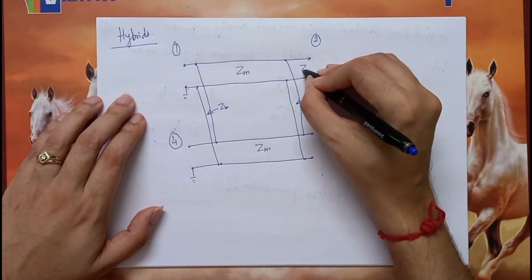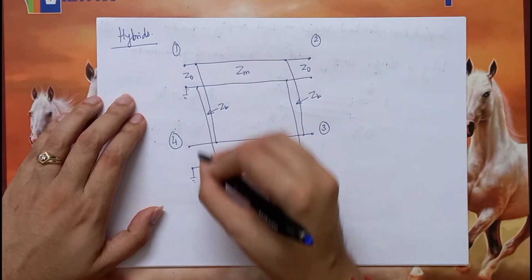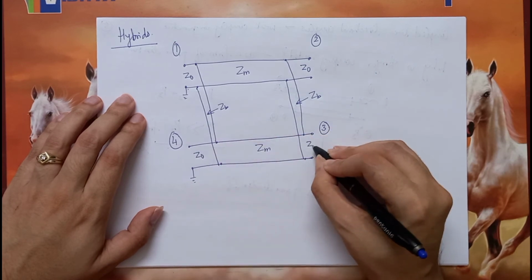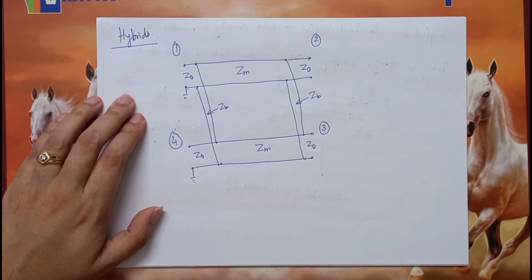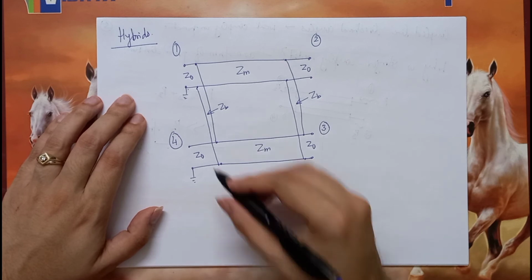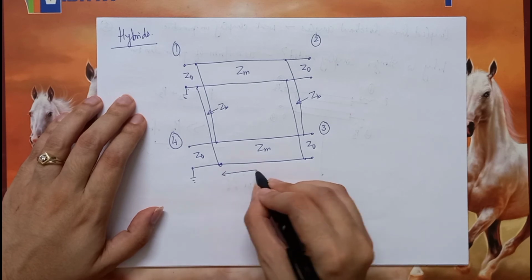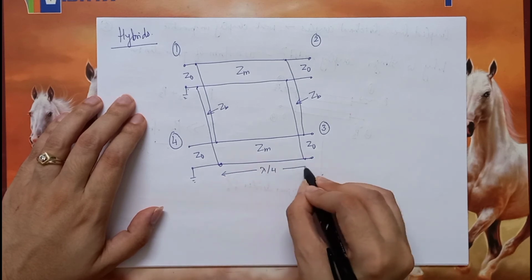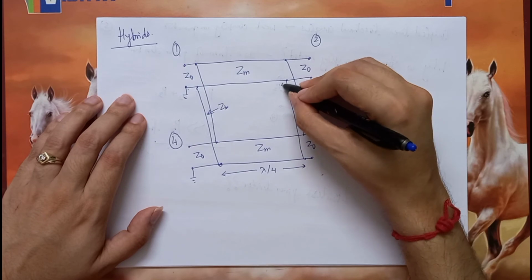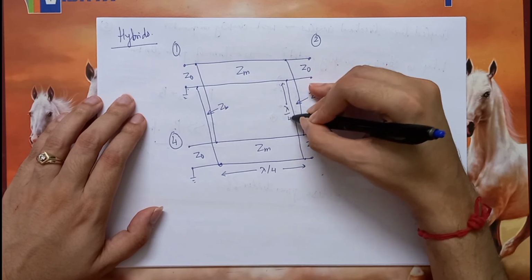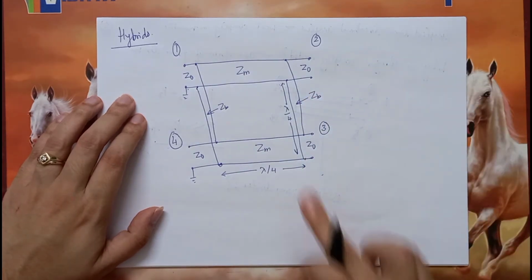And the characteristic impedance of the port lines as always is Z0. And the length of each of these is taken as lambda by 4, whether it is this line or this line.